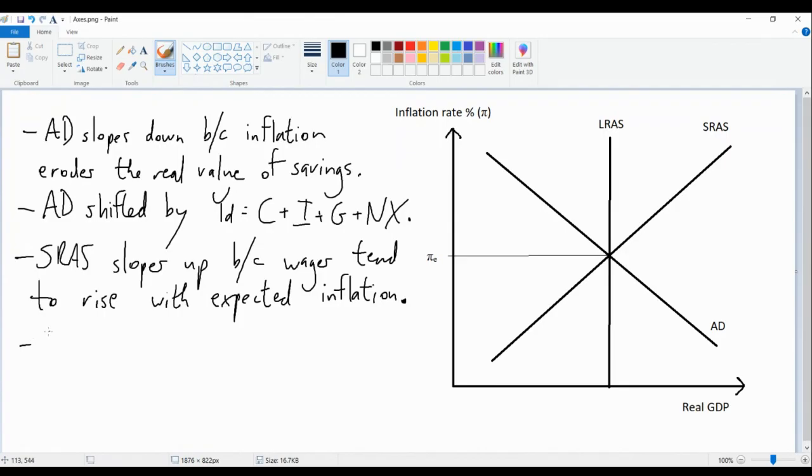Similarly, we also have to remember what it is that shifts the supply curve. And there are two things. One, we can see that it crosses the long run curve at expected inflation. So of course, if anything changes expected inflation, then the curve is going to shift.